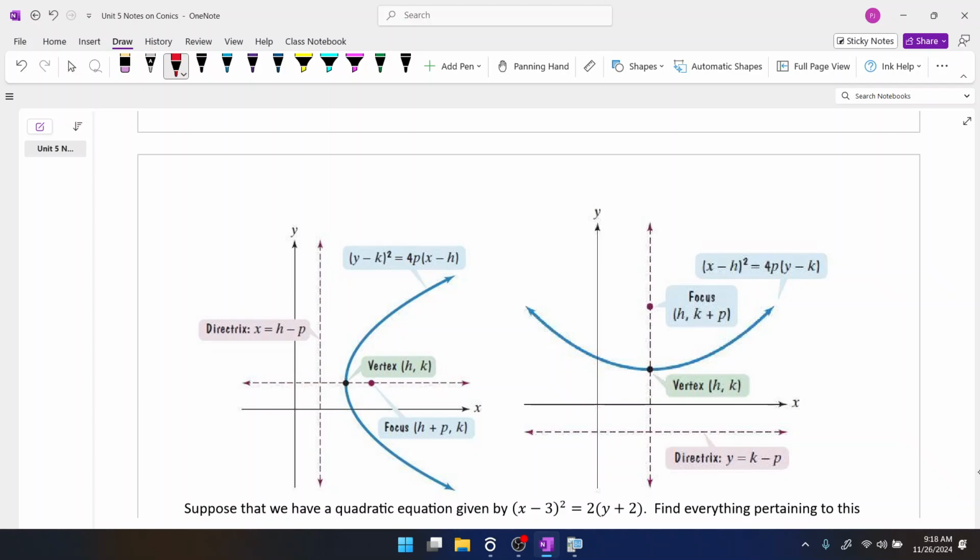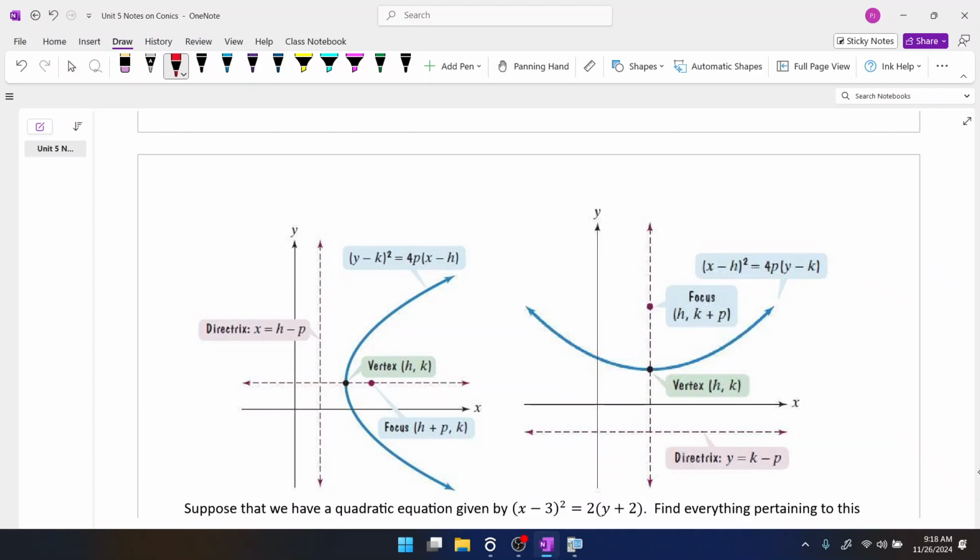What a lot of people would do if they saw something like this, especially in 171, is say, oh, I'm going to solve that for y. No, don't do that. What you're going to want to do is find the vertex. When we transform the vertex, we're going to be able to transform the directrix and the focus with that.